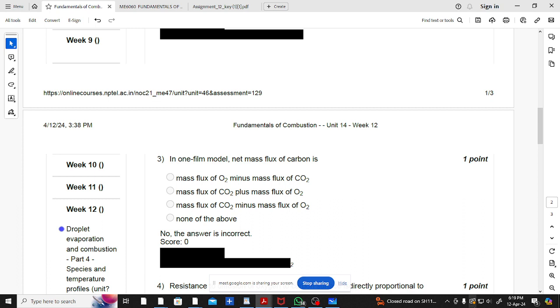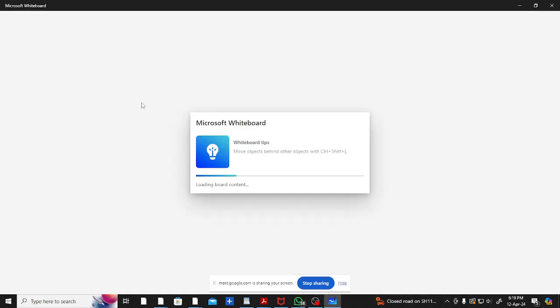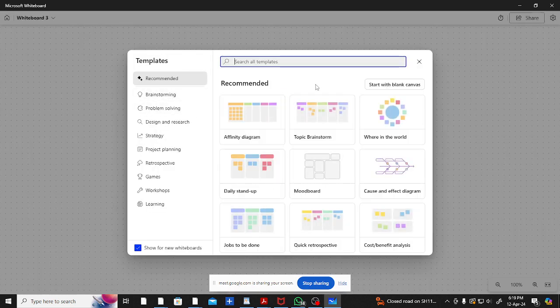On what basis are you saying this? According to the previous question. No, that answer is not correct. See, this is the reaction. So what is the mass flux of carbon?